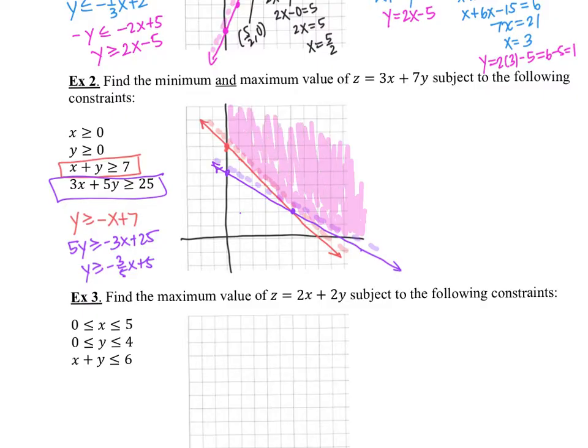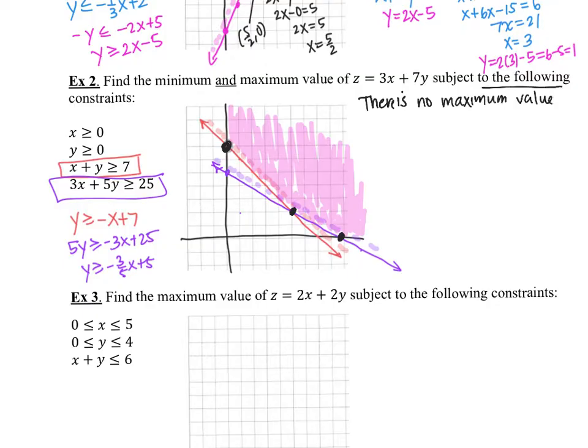Okay, when I consider the vertices of my solution region, there's a vertex here, there's one here, and there's also one here. I'm guessing, and because this goes to infinity, there's no maximum value.